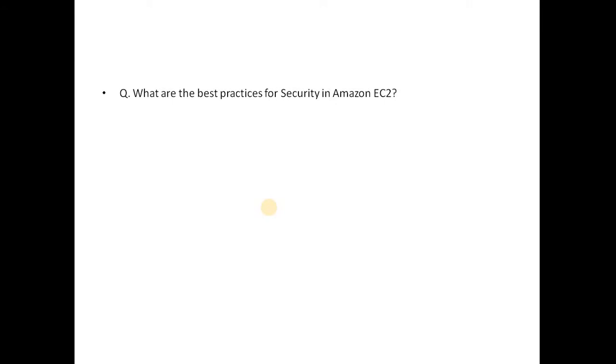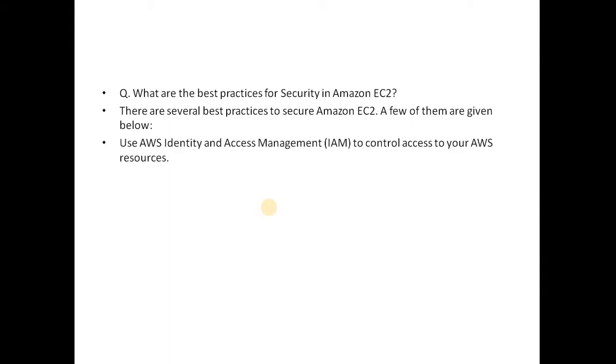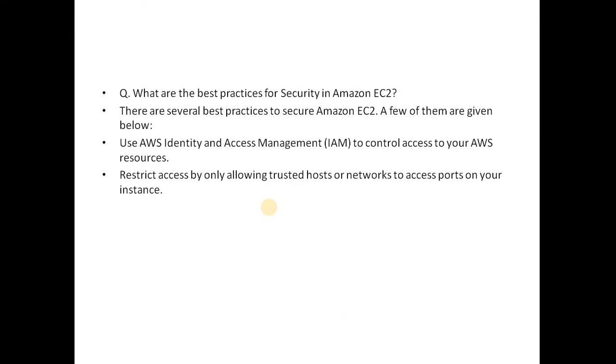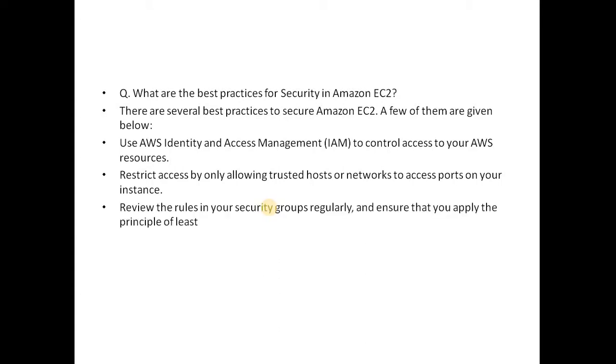What are the best practices for security in Amazon EC2? There are some best practices, guys. Always use IAM to provide the required access to required resources, and restrict access by only allowing trusted hosts. If you want to connect to your EC2 instances from some other server, create the firewall in such a way that you can only connect to your EC2 instance from the trusted source, not from other servers.